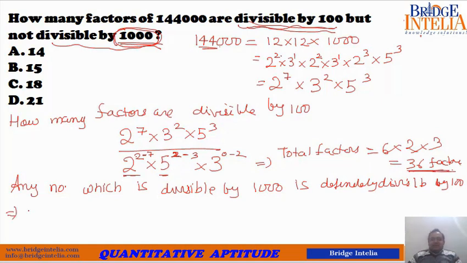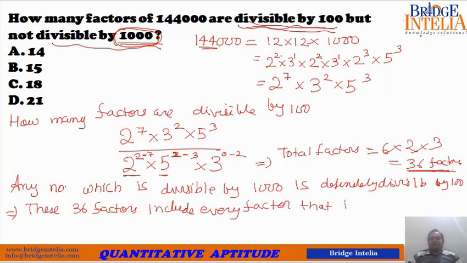So these 36 factors include every factor that is divisible by 1000. So all those factors that were divisible by 1000, you have already counted them in these 36 factors. So you have to remove them.